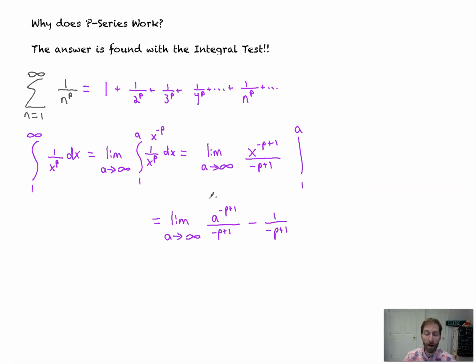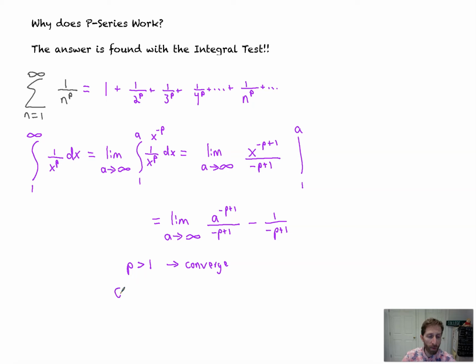This part doesn't matter. This is where the action is. So remember what we said, that if p is greater than 1, we converge. Well, why is that the case here? Let's pick a number like 3. You'd get infinity to a negative exponent, which is 1 over infinity, which goes to 0, causing this to converge.